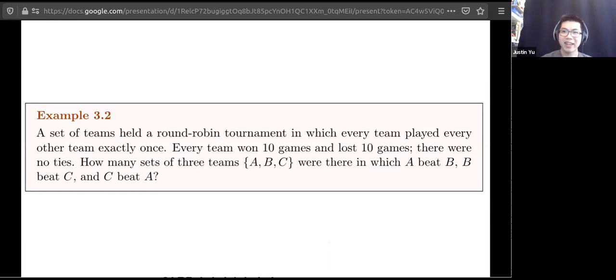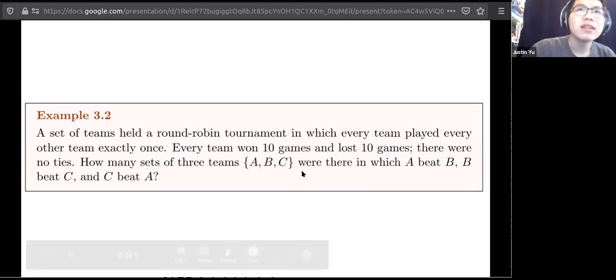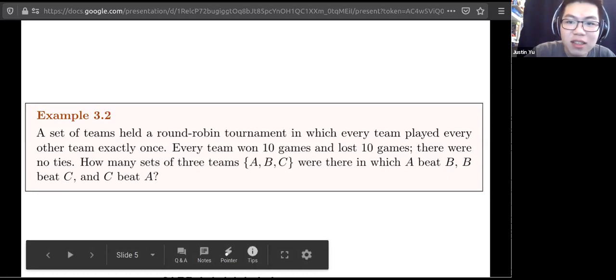This is technically not an AHSME because that was disbanded long before this problem. I actually took this problem in competition. I remember not getting it because I didn't see this nice idea. So think, what's complementary? How can we use complementary counting? And I'm going to see if I can try and write on it.